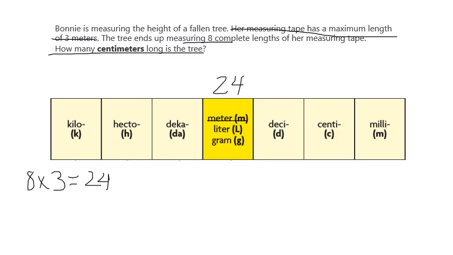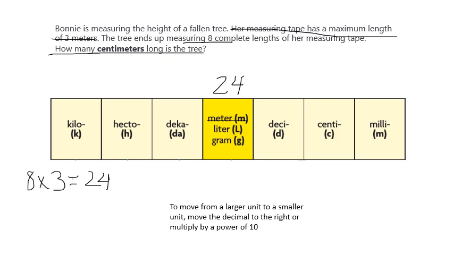Okay, so if I think about the rule, it says to move from a larger unit to a smaller unit, we're going to move the decimal, which is assumed to be right here, to the right or multiply by a power of 10. Here are our centimeters here. So I know to get from meters to centimeters, I need to move 2 powers of 10.